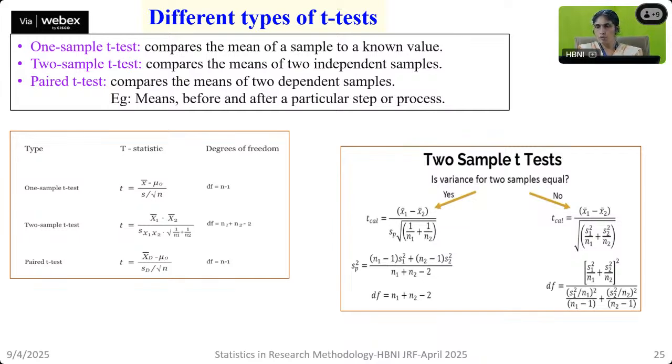Let us go to the chat box and see if there is any clarification or suggestion or discussion. Otherwise, I will summarize. While going through the chat box, I will summarize. We have discussed the different types of distributions, continuous and discrete probability distributions, in the beginning of today's class.